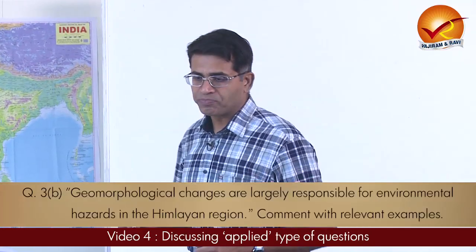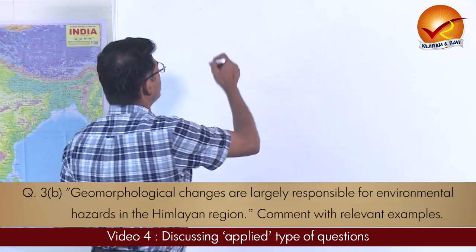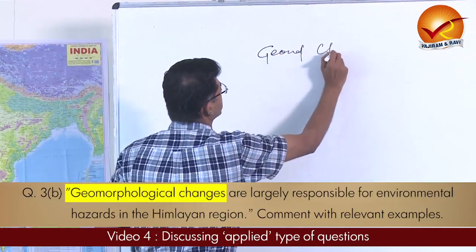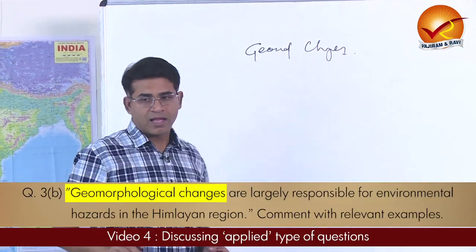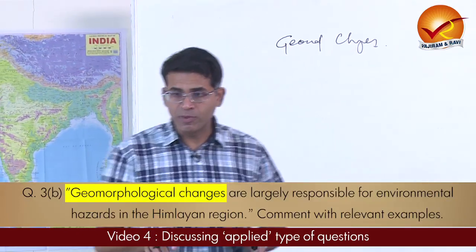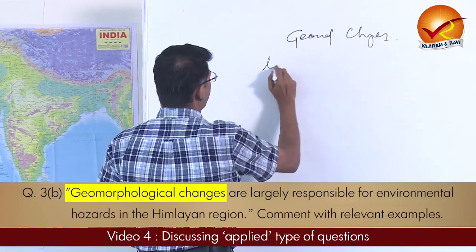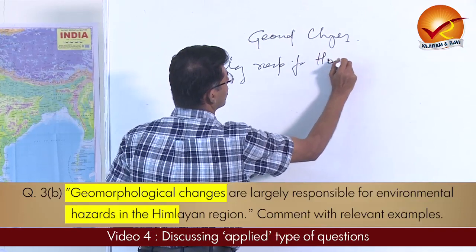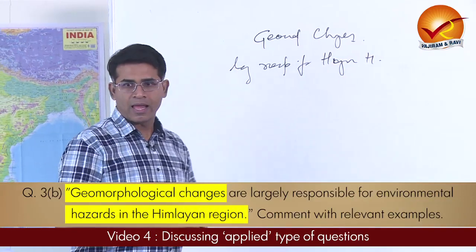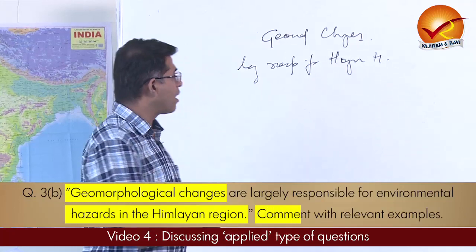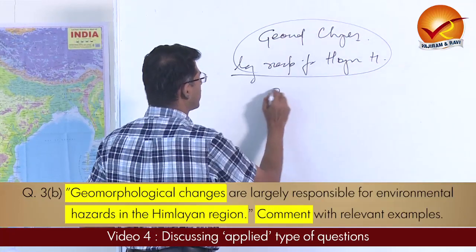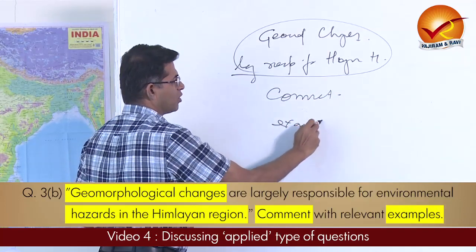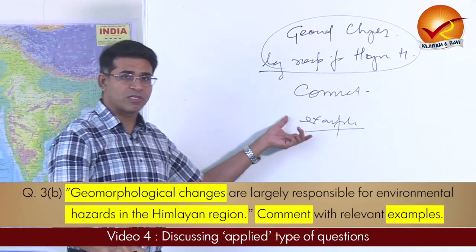It talks about why geomorphological changes are largely responsible for the hazards of the Himalayan regions. And we have to comment on this, whether you agree or disagree, and we have to give examples. So these examples is what I was trying to stress on.